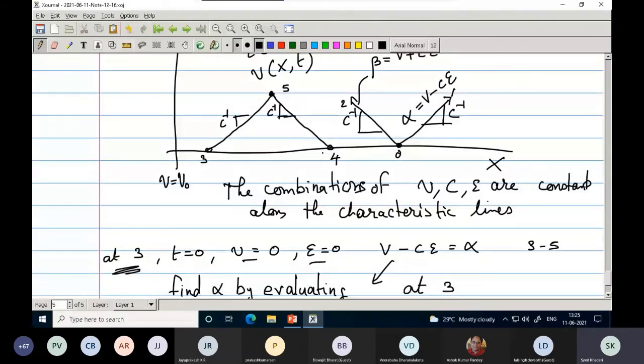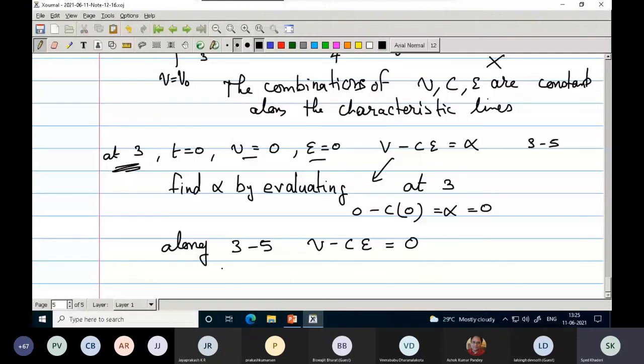At point 4, again, my velocity and my strain are 0. If the velocity and strain are 0, then automatically my beta will also be equal to 0. So V plus C epsilon equal to 0 along 4 phi.